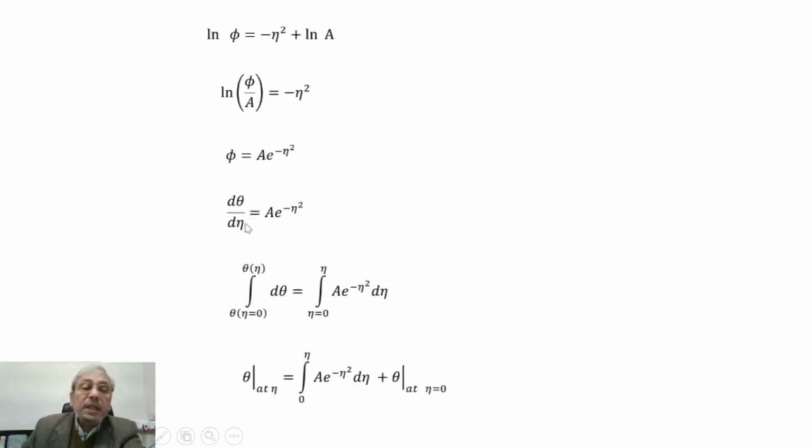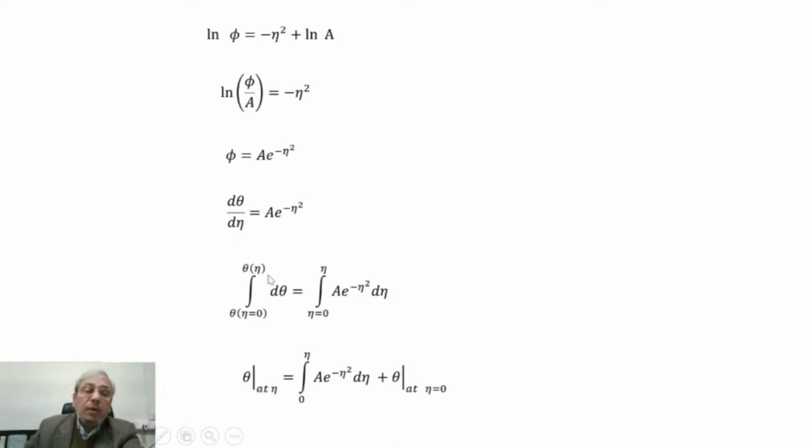So that means ∂θ/∂η equal to A into e to the power minus η². Now if we integrate dθ between η equal to 0 to any η, A e to the power minus η² dη.